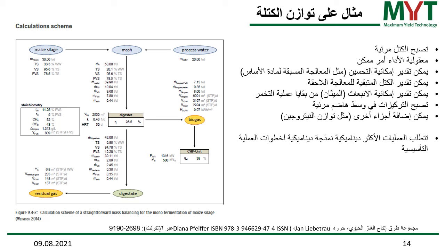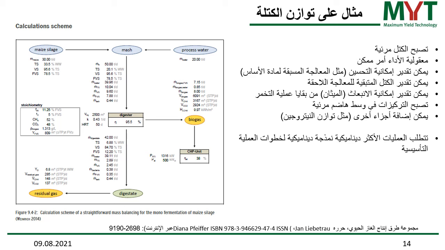Mass balance, why should you do that? Because first of all, the mass becomes visible. You really can calculate what your digestate masses are, what content of total solids you have remaining in the digestate. You can actually check on the performance. So if a contractor tries to sell you 20% more gas out of your substrate with a certain retention time, you can check on plausibility with a mass balance.